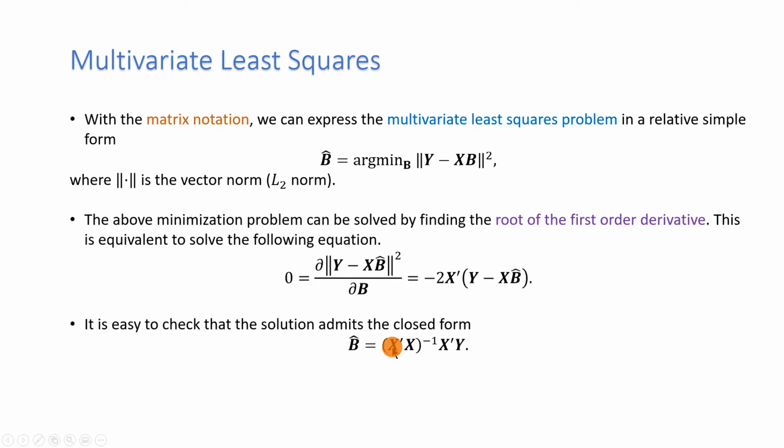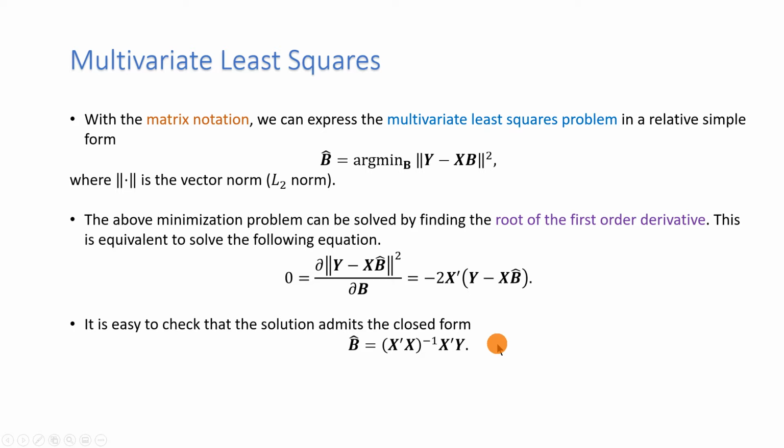The transpose of x is p plus 1 times n, for x is n times p plus 1, and taking the inverse of that, this whole term is of size p plus 1 times p plus 1, and x transpose is p plus 1 times n, and y is n times 1, right? So by multiplying these three together, you will have the size of B is p plus 1 times 1, which is the correct size of this coefficient vector B, okay?